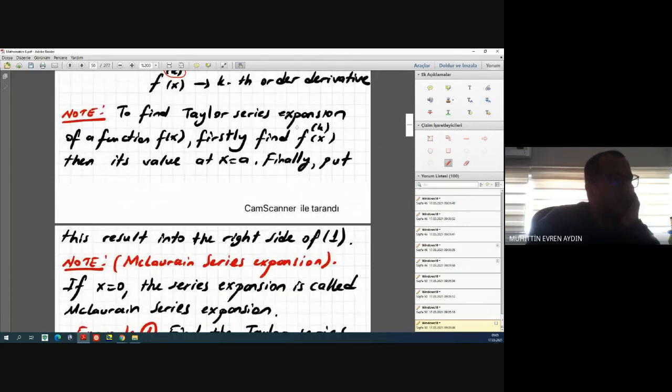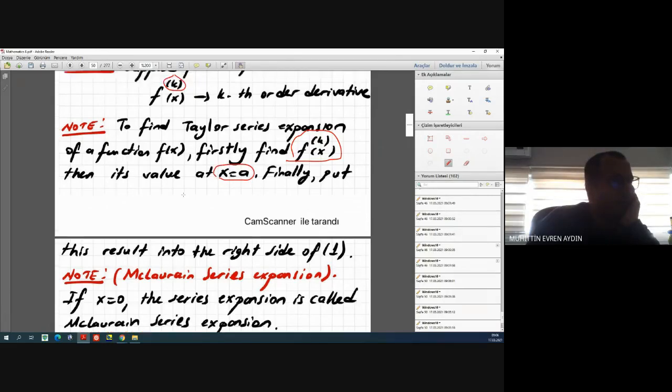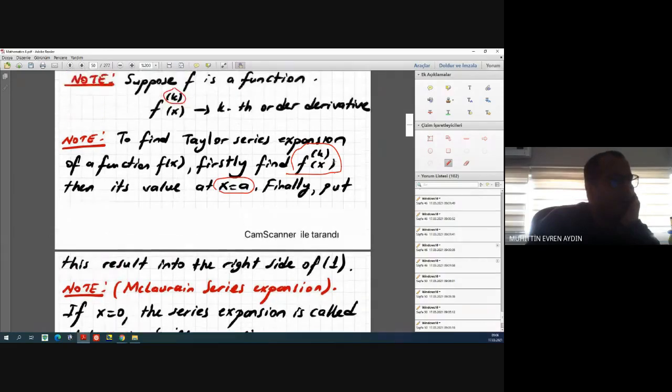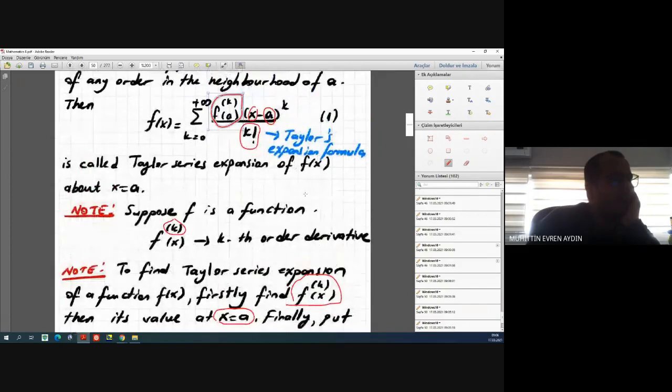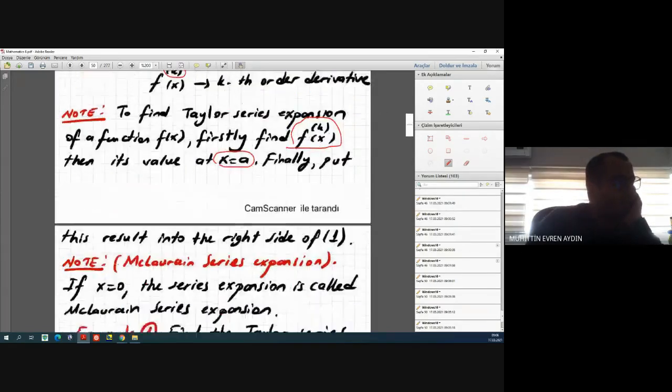To find the Taylor series expansion of a function, first we have to find this higher order derivative at this value, and then we replace the values of the derivatives in this formula in equality 1, and then it's over.